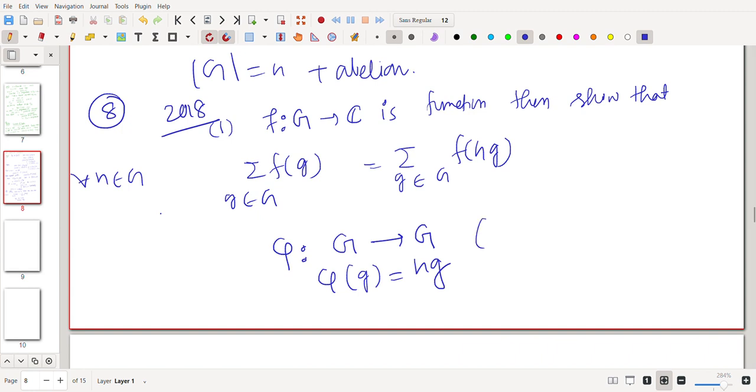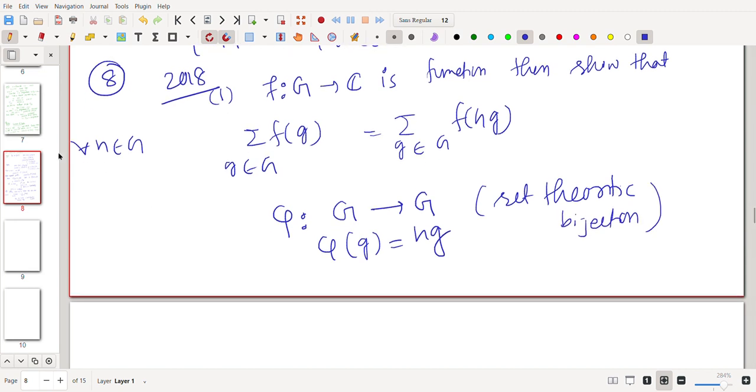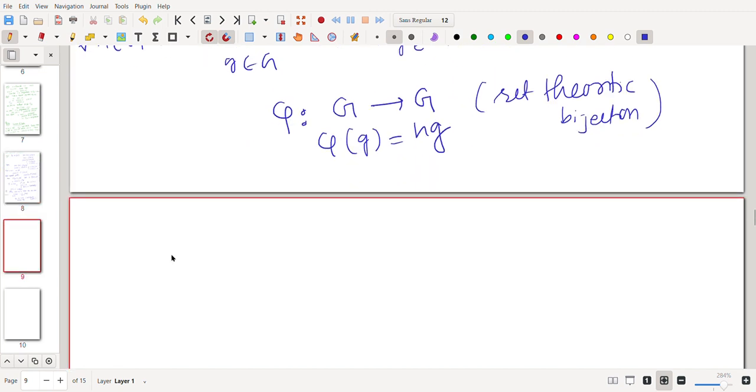There is no use of homomorphism here. Just a set theoretic bijection. Hence, this f(hg) is basically a permutation of f(g). You just permute it, right? That's why the sum is same. Hence, summation f(g) equal to summation f(hg).